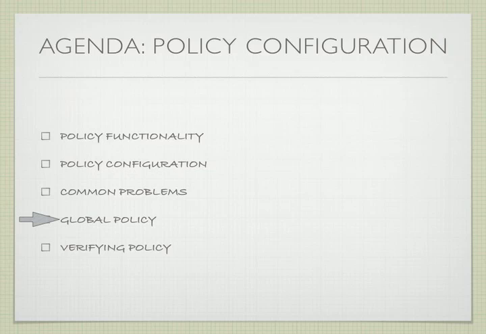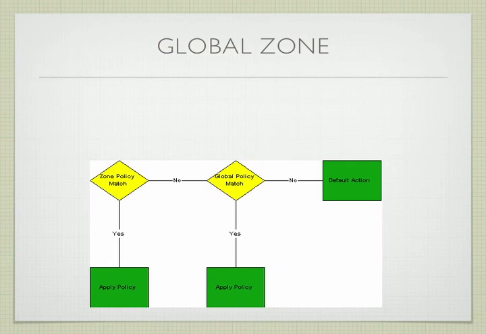Okay, the global policy. The global policy will apply to the global zone. The global zone is where we check if there is no match anywhere else in the system, zone to zone. So if we don't know where to place traffic in our zone structure, we're going to fall back on the global policy.